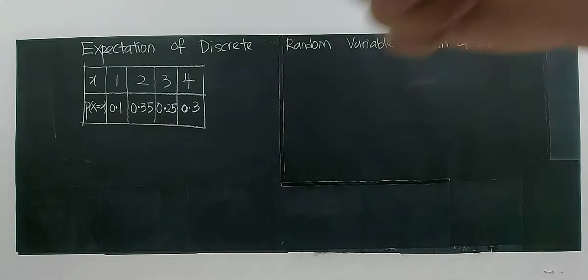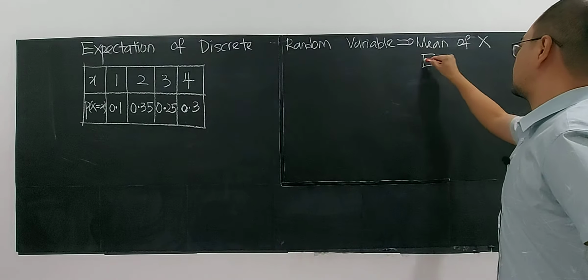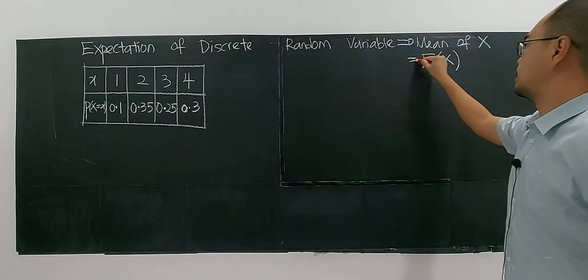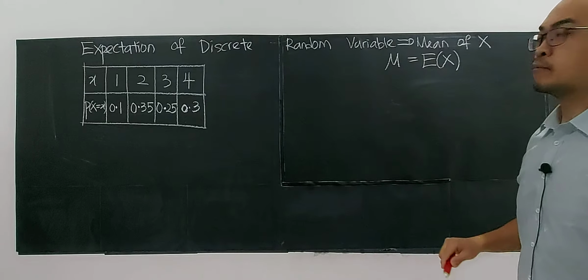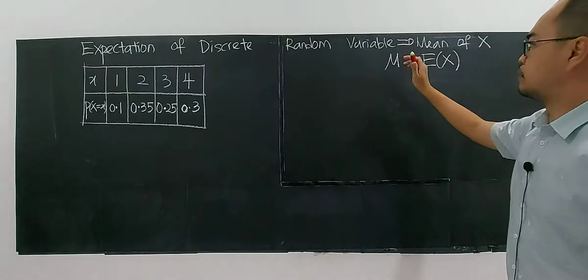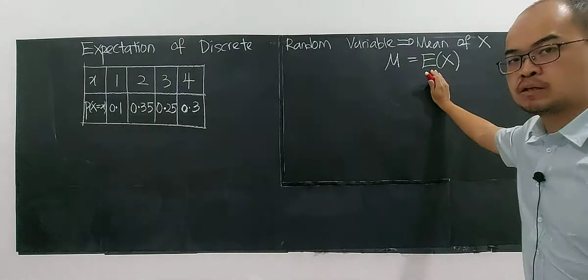For the discrete random variable, we're going to introduce the meaning of E(X). The E(X) is actually the mean, which is mu. These are the two forms that we're going to use, and the meaning is actually the same. This is the mean of x, and this is also the mean of x.